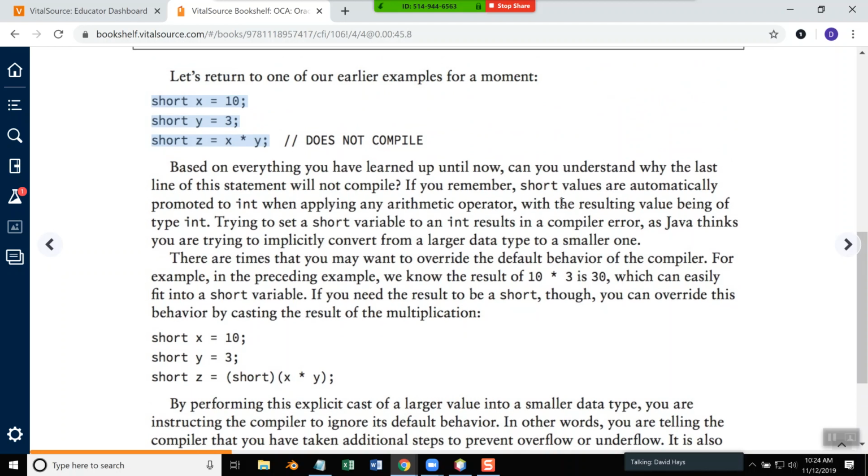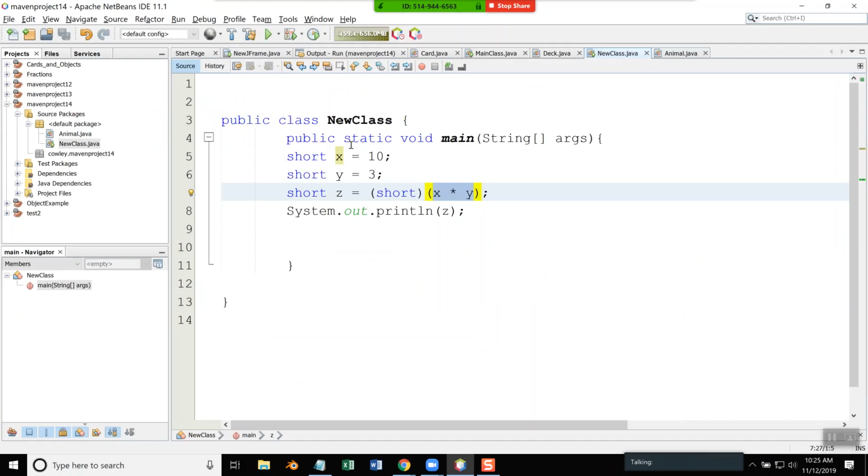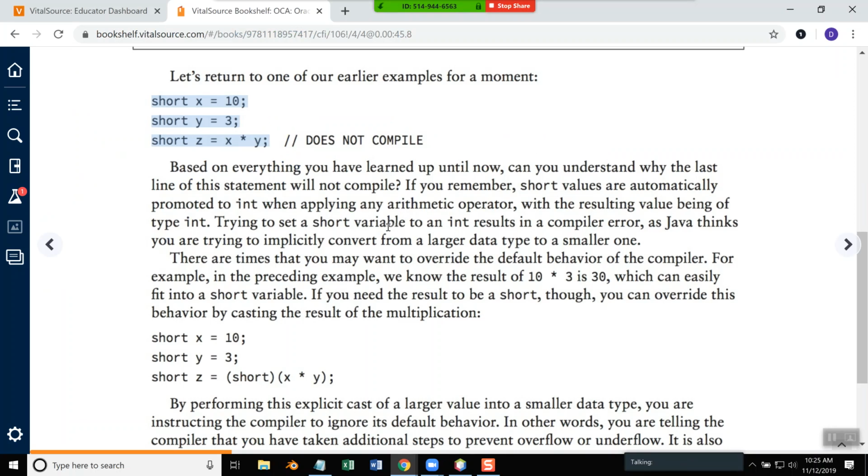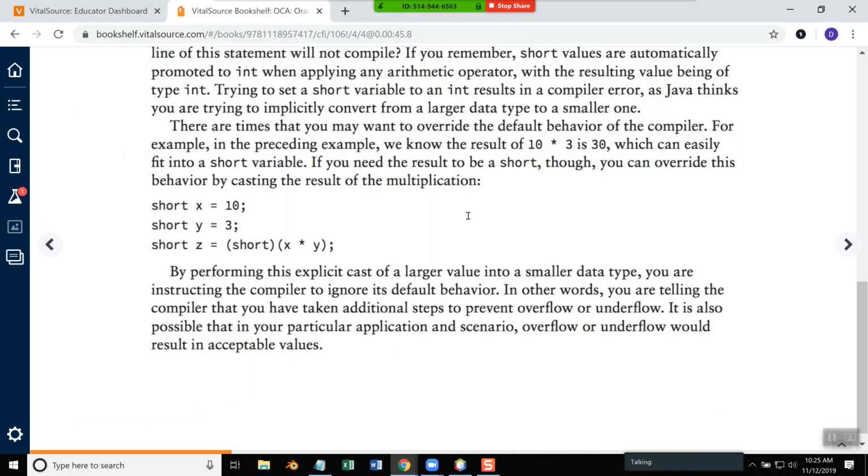Remember, short values are automatically promoted when applying any arithmetic, the result value being a type integer. Okay, so I'm guessing that it thinks this is a short based upon that logic. And then that's how you do that.